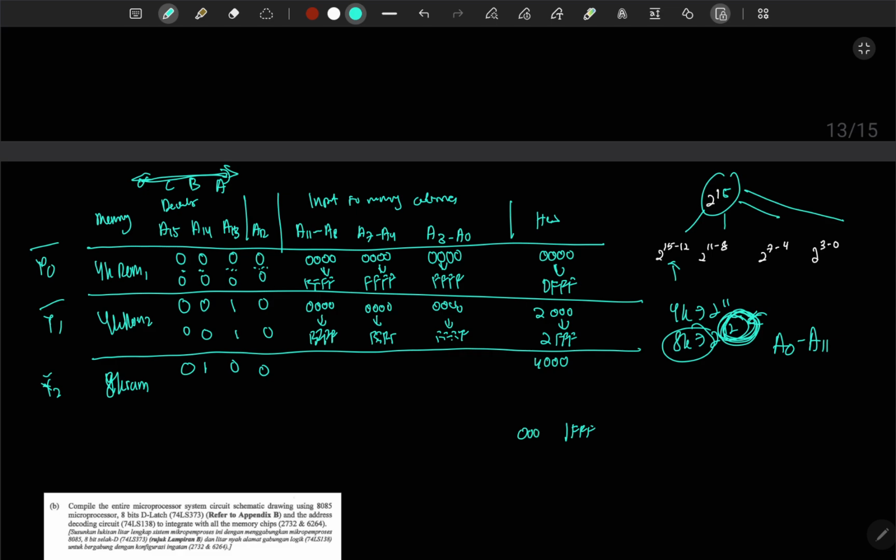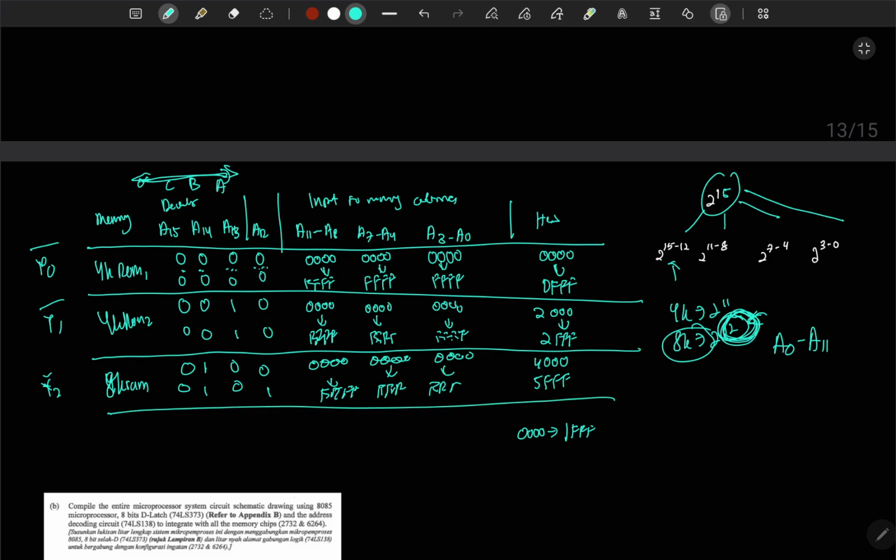So it's 0000 till 1FFF, because if 000 till FFF is multiplied by 2, it will rise till 2000. So 4000 plus 1FFF will be 5FFF.